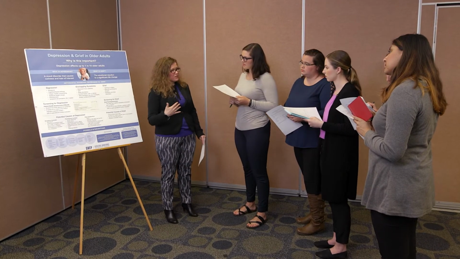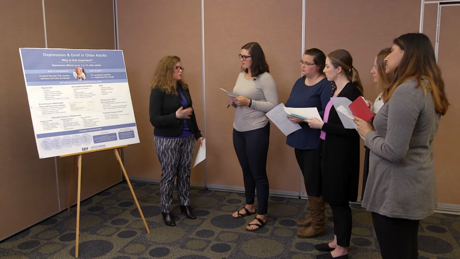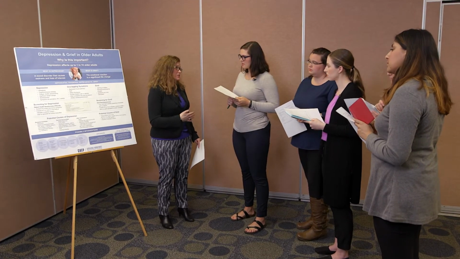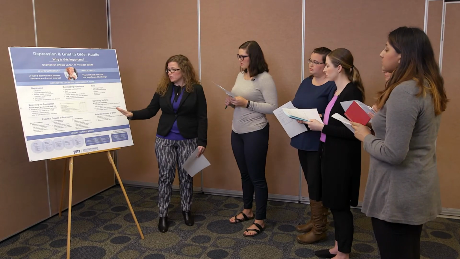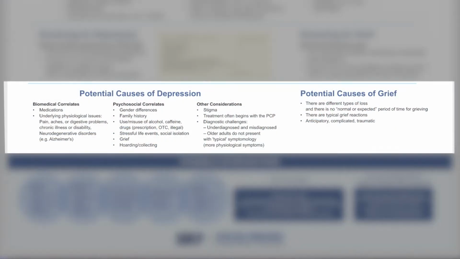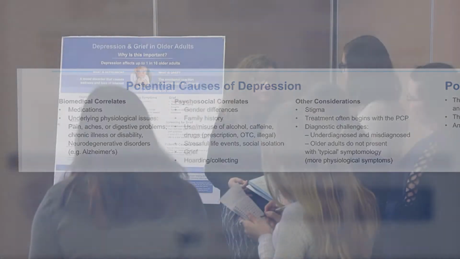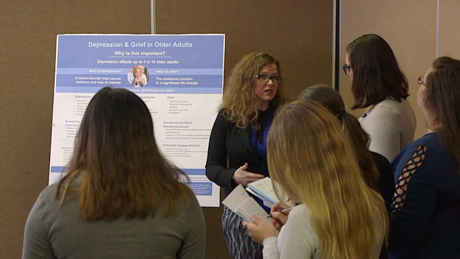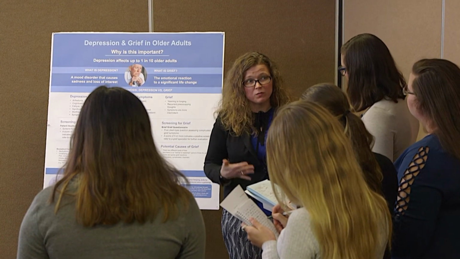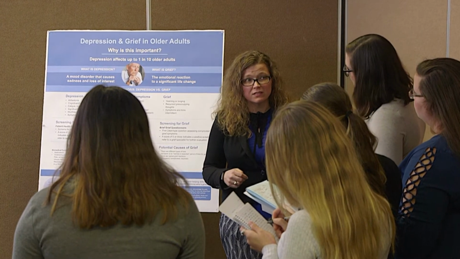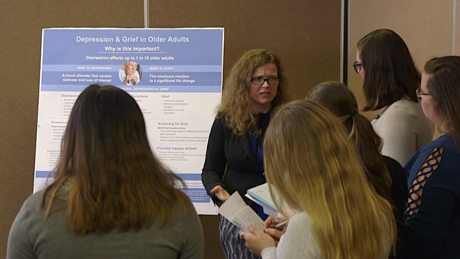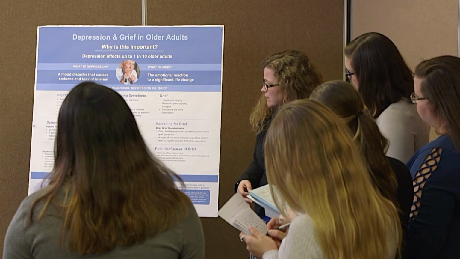Understanding some of the other correlates that we could be looking for when we're working with folks and we may suspect that they may be experiencing either depression or grief include the following. So with depression, there's biomedical, psychosocial, and other considerations for us to take in mind. Where I focus here is considering medications. Some medications may increase risk for depressive symptoms. We want to be familiar with that. Other considerations are the type of medications that an individual may be on for antidepressants and may be needing to shift to a different medication that works better with their biology.